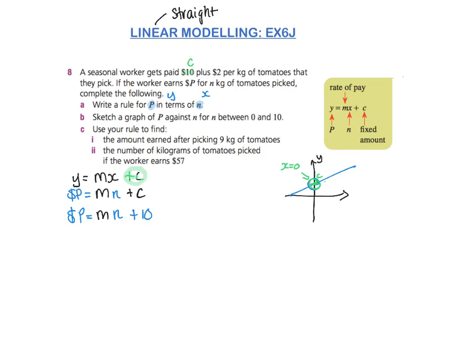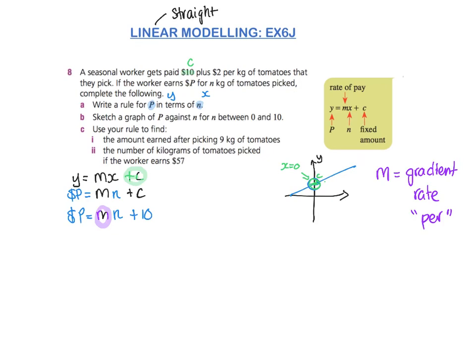Now let's think about this gradient. This is the M value. Remember when I said that the gradient, the M value, you could also refer to it as the rate. And remember when I said look out for the word per, it's probably telling you what a gradient is. Can you see up there in the words, where does it say the word per?